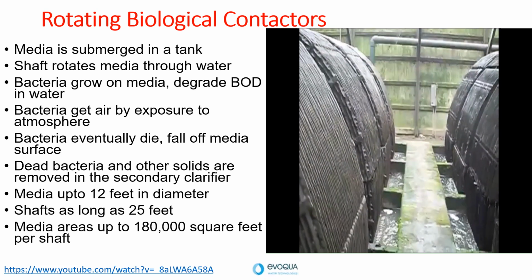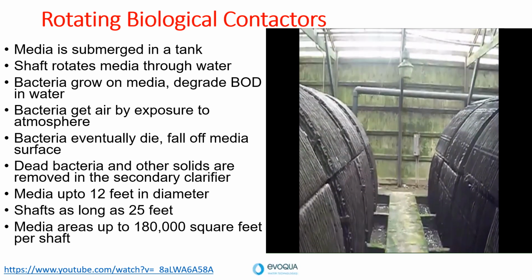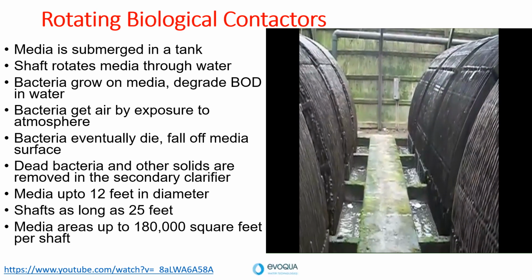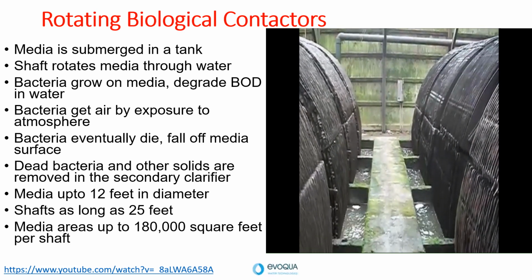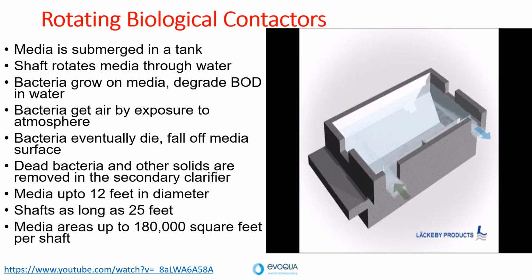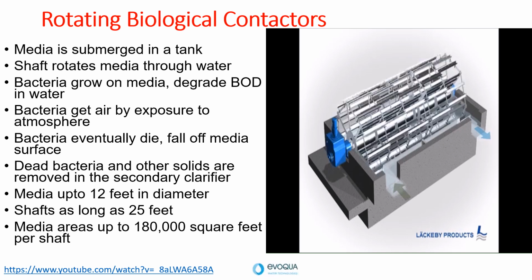I told you this rotating biological contactor is an aerobic process. So where is the aeration provided? If you see here, part of it is submerged, but as it rotates, the submerged portion is exposed to the air. So when it is exposed to the air, it gets oxygen for the metabolic process.